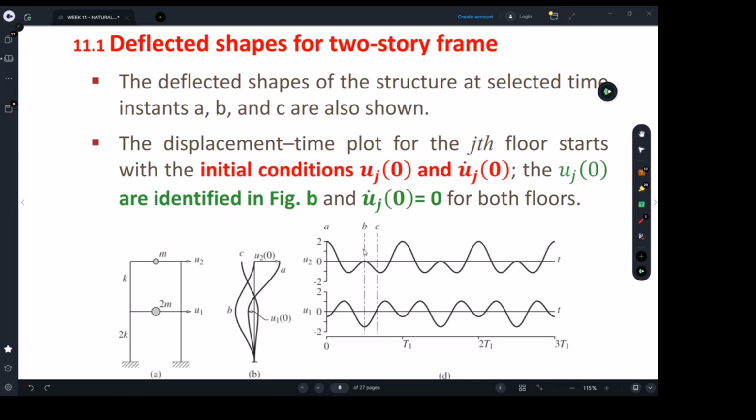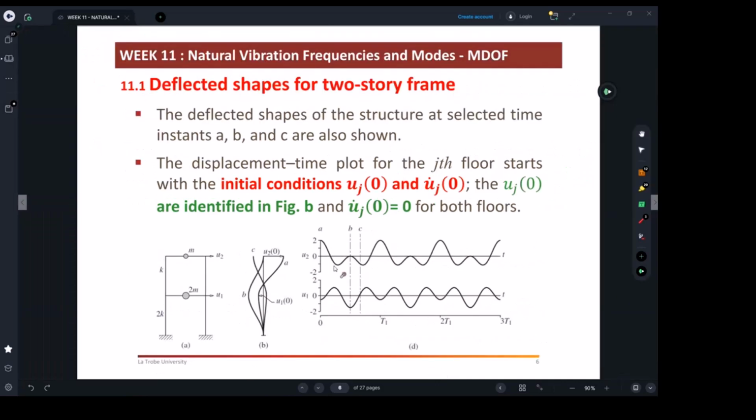When it's maximum positive here, here you maybe have negative. Here it was 0, here it was negative. Here it is maximum, here it's less positive, and this is negative. So there's no similarity between the floors, and there's no harmonic response in the motion.